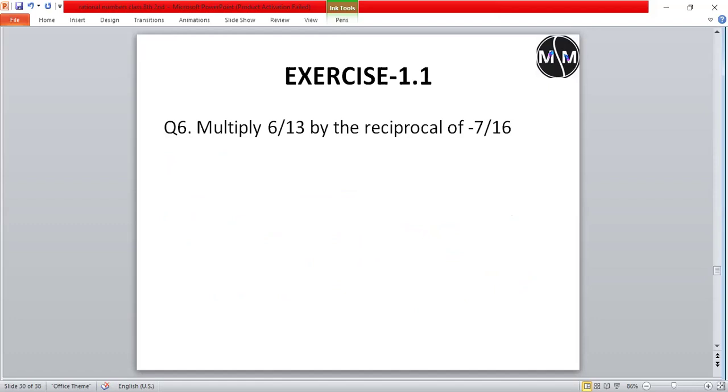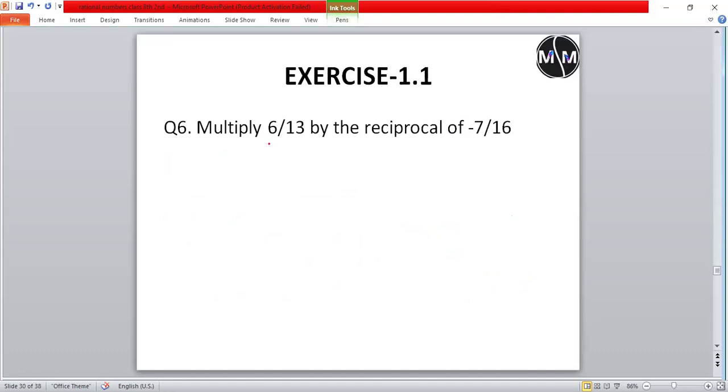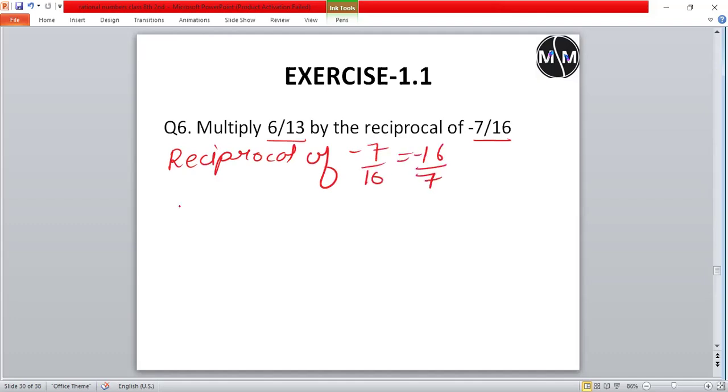For question number 6, multiply 6 by 13 by the reciprocal of minus 7 by 16. The reciprocal of minus 7 by 16 is equal to minus 16 by 7.